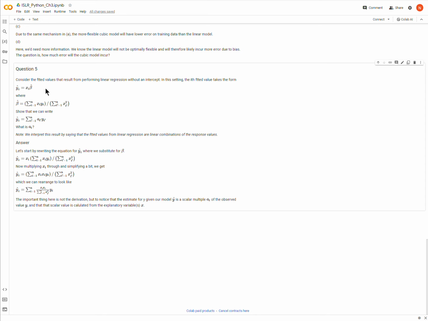So we're meant to consider this where beta is given by this equation here. Already it's starting to get a little bit daunting maybe, but this is the formula for beta in linear models, so we'll just leave it at that, without going through the derivation.